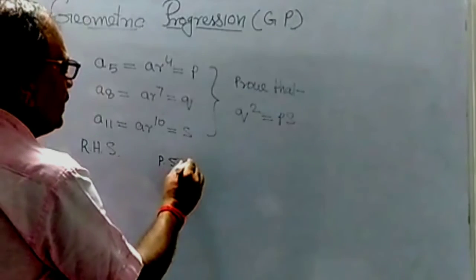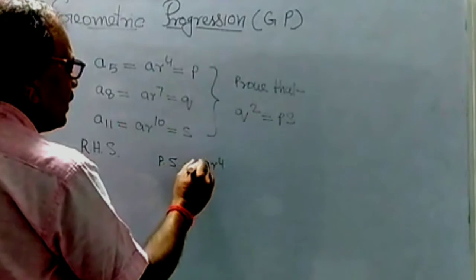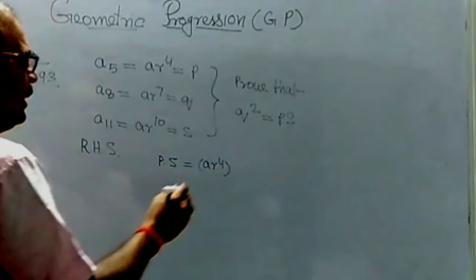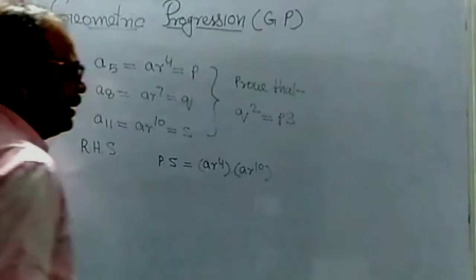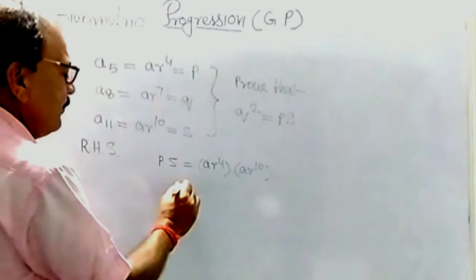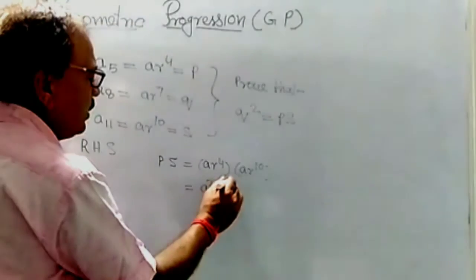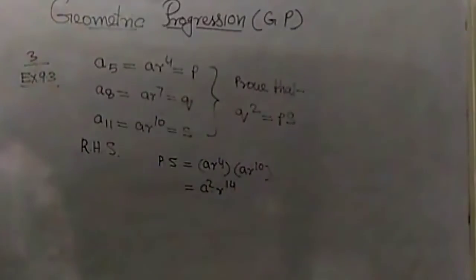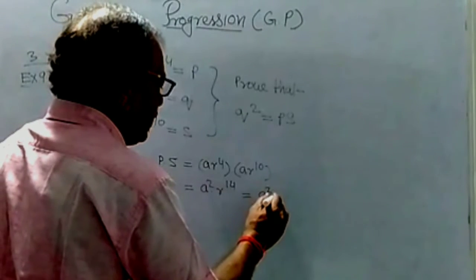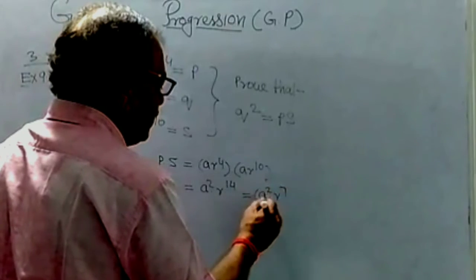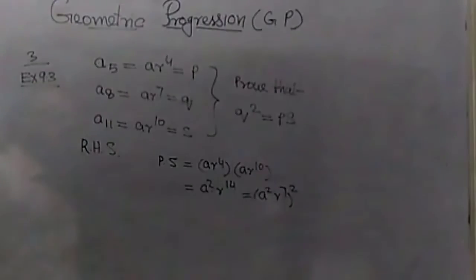To write the value of PS, P is ar to the power 4, and S is ar to the power 10. This will be a square, and r to the power 14. This will be a square r to the power 7 whole square.